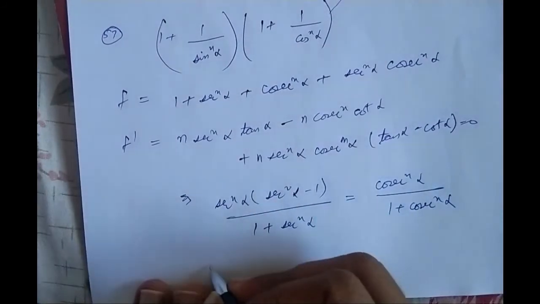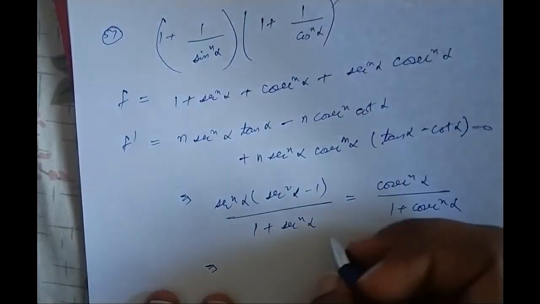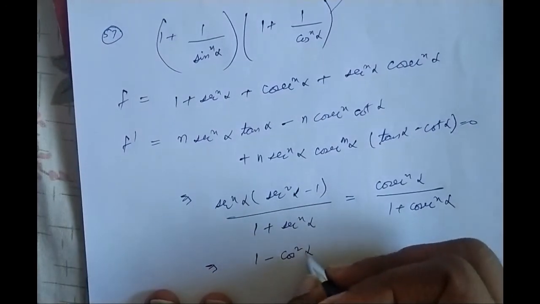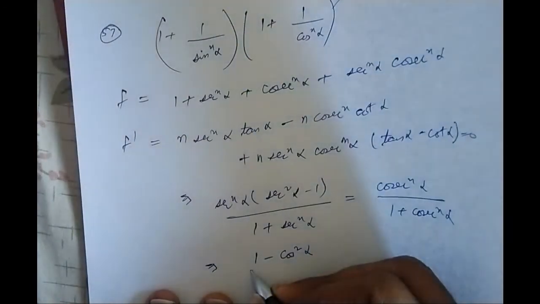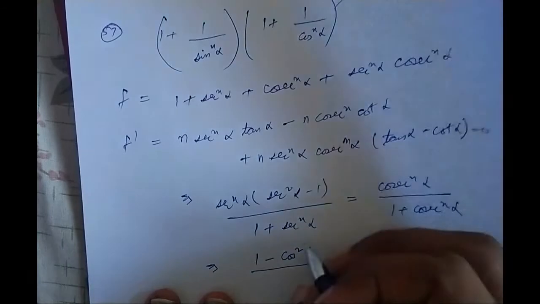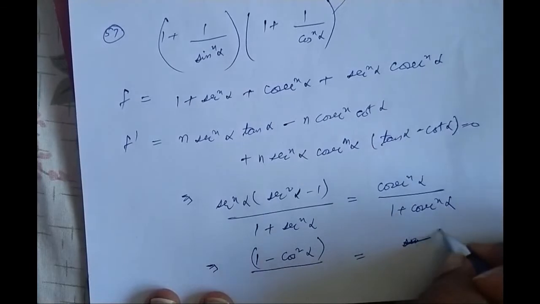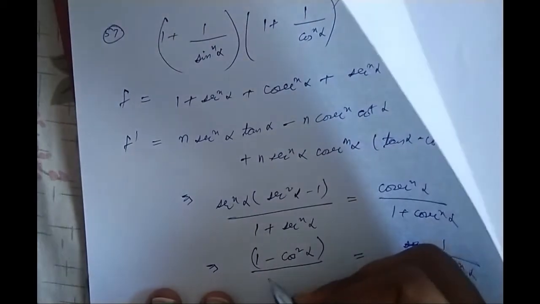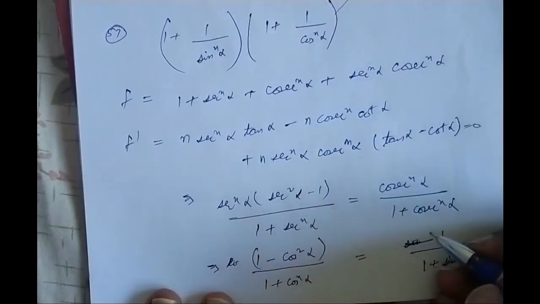See, converting this equation into cos and sine, we get 1 minus cos square alpha and 1 upon 1 plus sine power n alpha, 1 plus cos power n alpha.